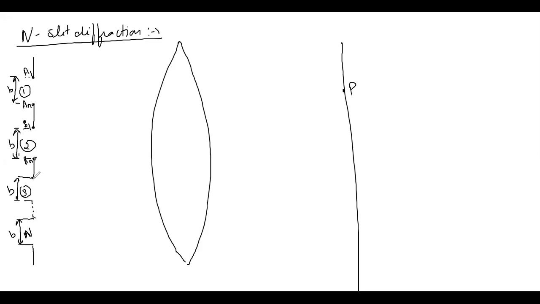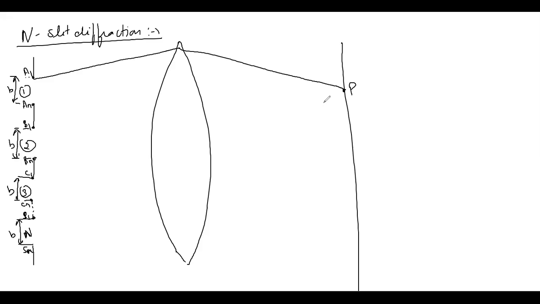Let's say this is then C1, and this is Cn, and this is your nth slit. So let's call this P1. I have already used P here, so let's call this S1, and then this is Sn, the last point here.